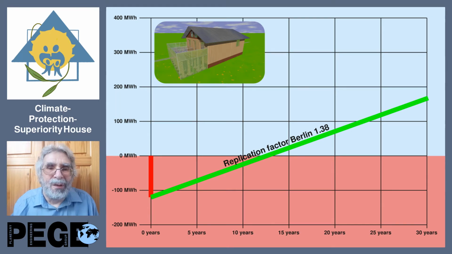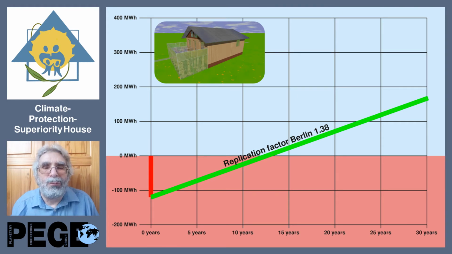And then there are the people living in the house, household electricity, domestic hot water, cooling and heating the house, and the people have electric cars to charge, and still the house has to have a surplus of electricity.